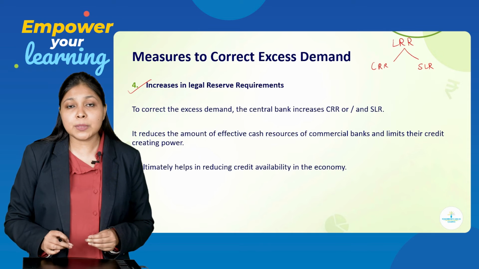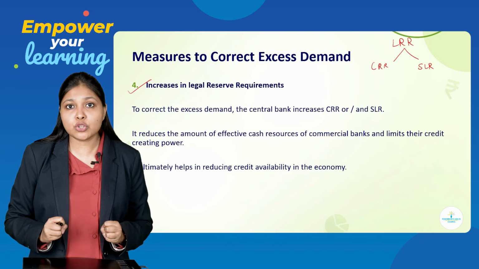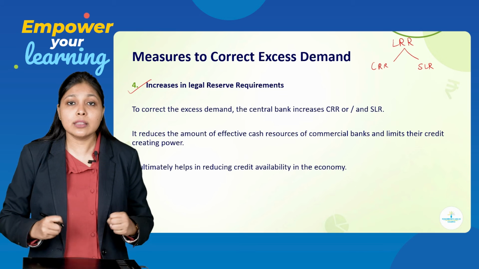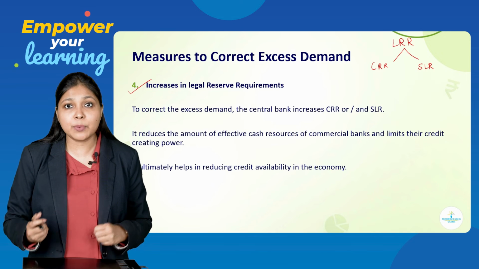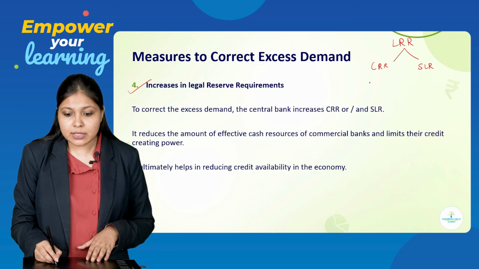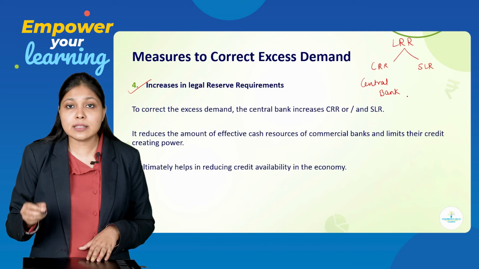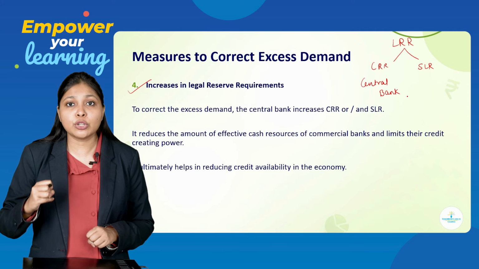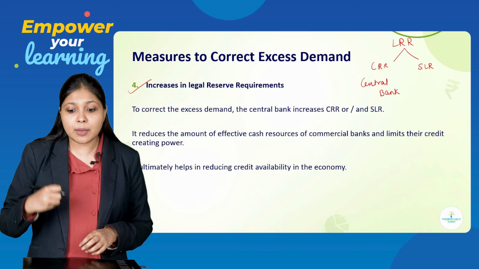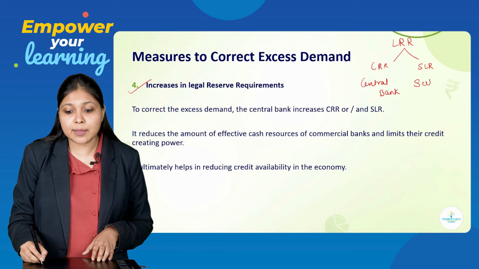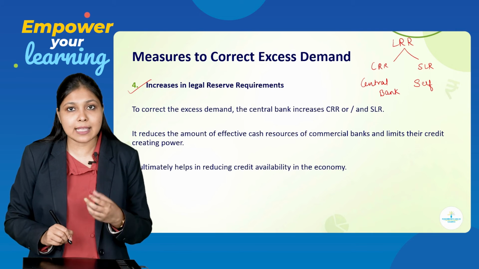Cash reserve ratio means the percentage of the deposits which the commercial bank has to keep with the central bank. Okay, so here they have to keep it with the central bank. Whereas statutory liquidity ratio means the proportion of deposits which the commercial bank has to keep with themselves. So that is called LRR.